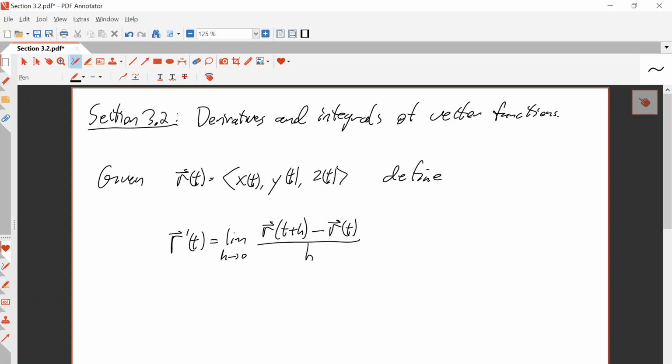Just the same way you would do it with an ordinary function y equals f of x.